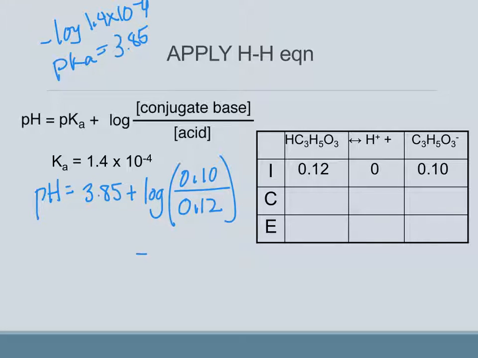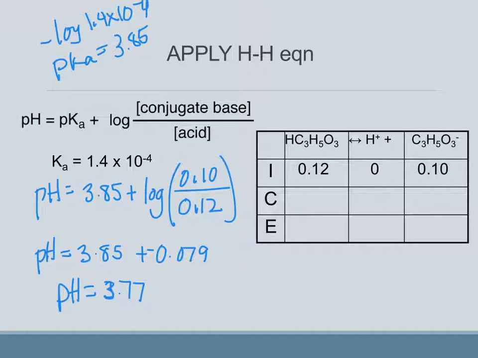I do the division and take the log of that value, and I get negative 0.079. I carry down my 3.85, and that whole thing is my pH. When I solve it, my pH ends up being 3.77.